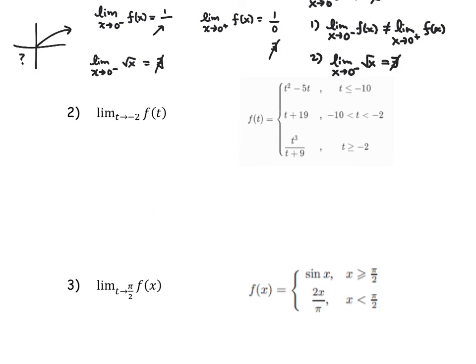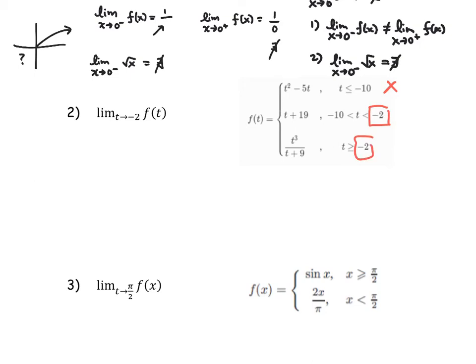Let's look at f of t. This is a piecewise function. I want to know if the limit as t approaches -2 of f of t exists. Okay, so as I look at -2, I don't need this first stem of the piecewise function, because that's not applicable to where t equals -2.